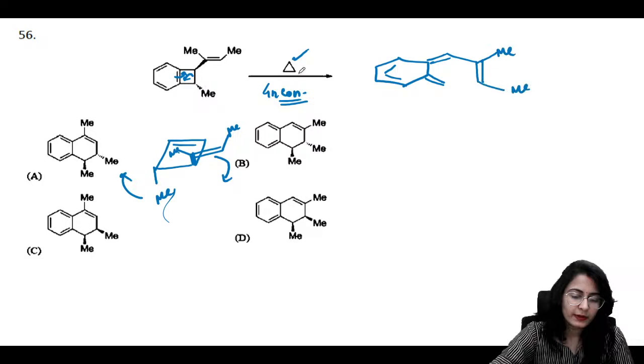Since both the methyls are on the same side, take care of this. So they will move inside, and this one also is going to go inside. Let's say this is moving in this direction, so this will also move in the same direction, and it will become like this. This is one possibility.